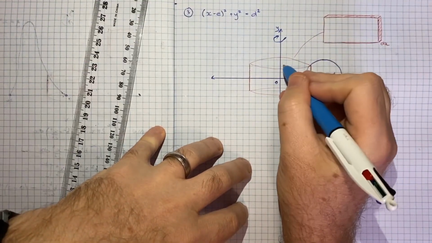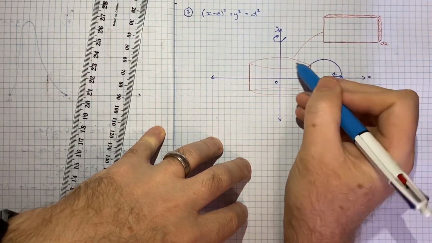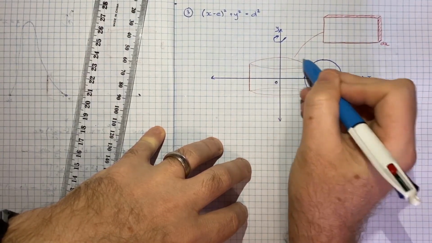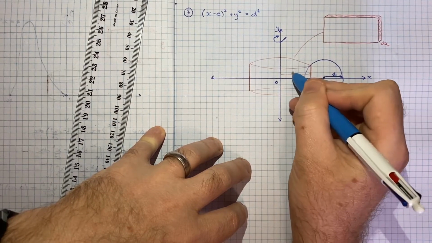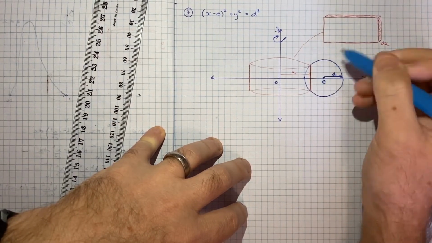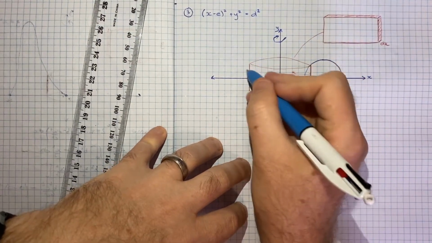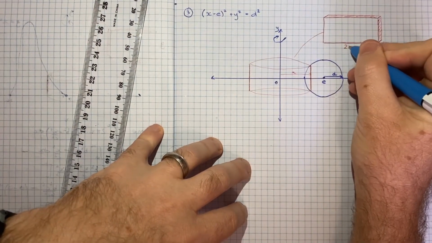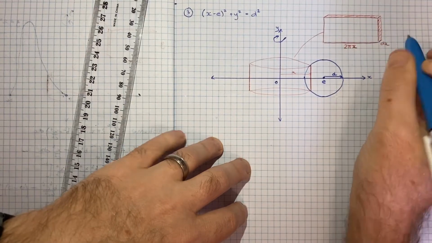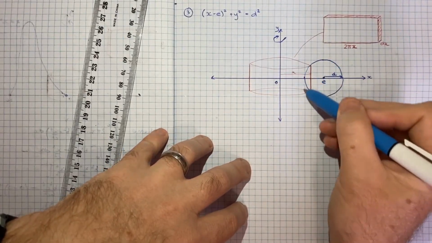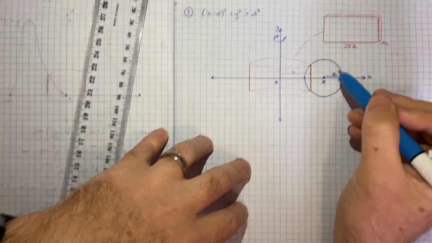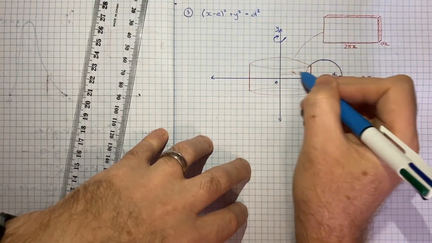The length of the rectangle is essentially the circumference of the circle, not the radius, because we're unwrapping it. The radius is x, whatever x value we've drawn this line at, so the circumference would be 2 pi x. And for this particular question, you need to be careful not to confuse your circles, because we've got this circle that we're rotating, and then we've got this circle, which is the base of a cylinder.